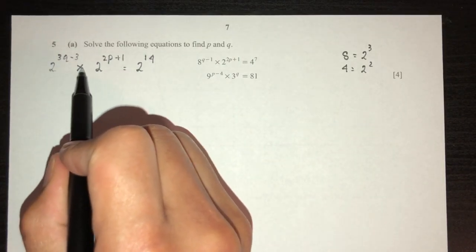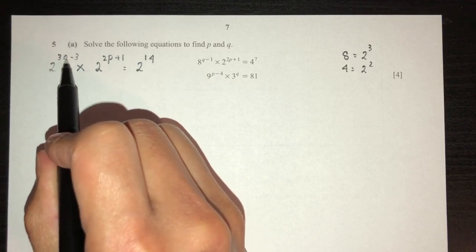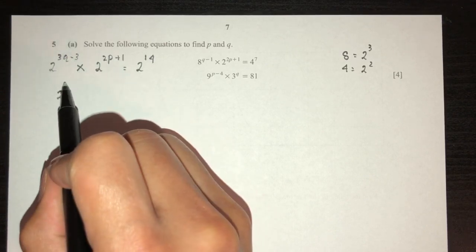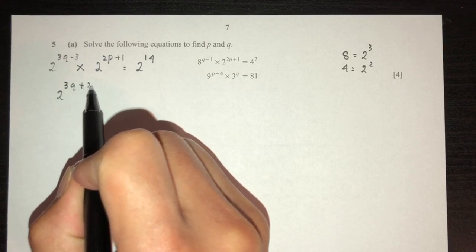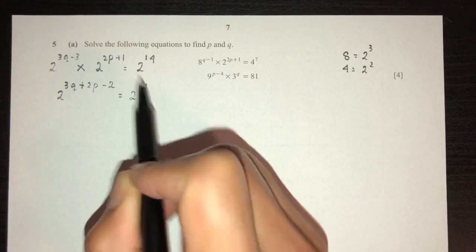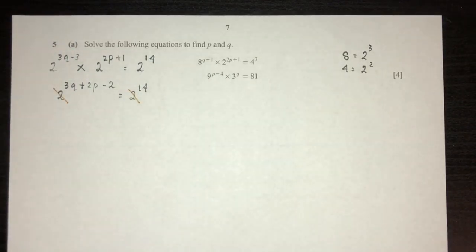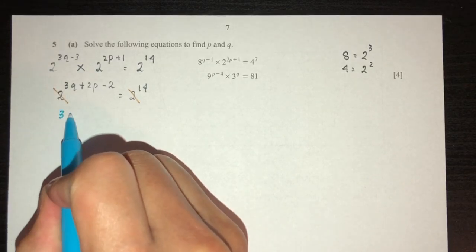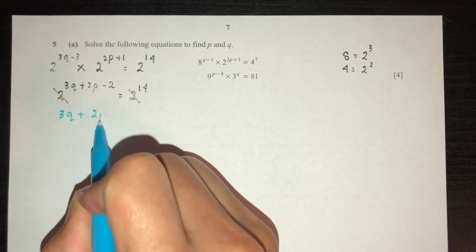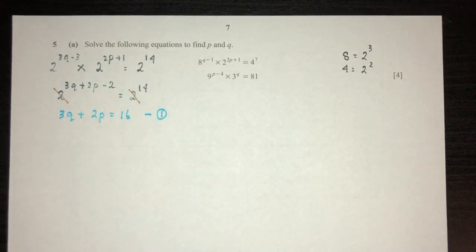When you multiply indices, we can just add the powers. You will have 3q minus 3 plus 2p minus 2... is equal to 2 power 14. Now these two will cancel out. You will have remaining 3q plus 2p equal to 16. That is your equation number 1.